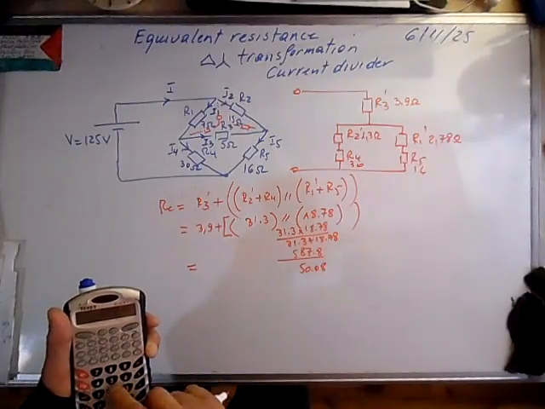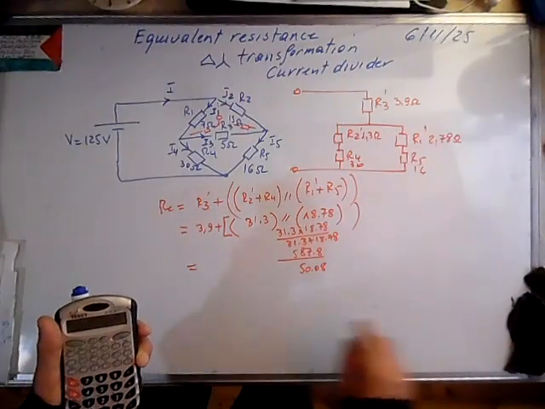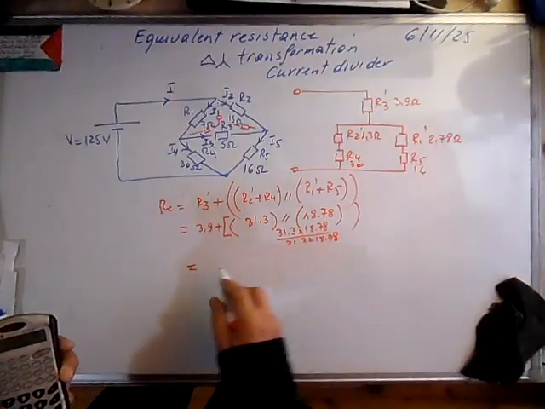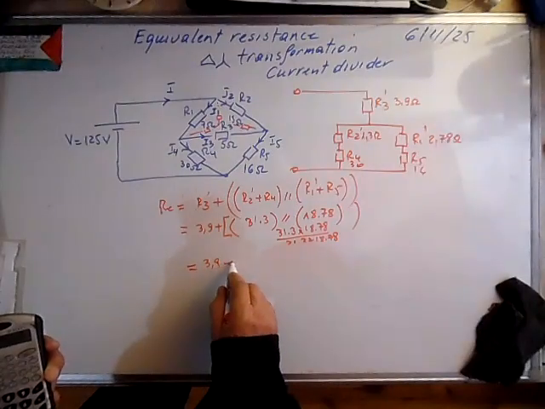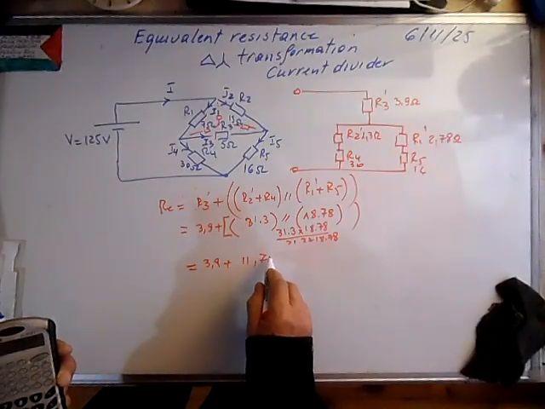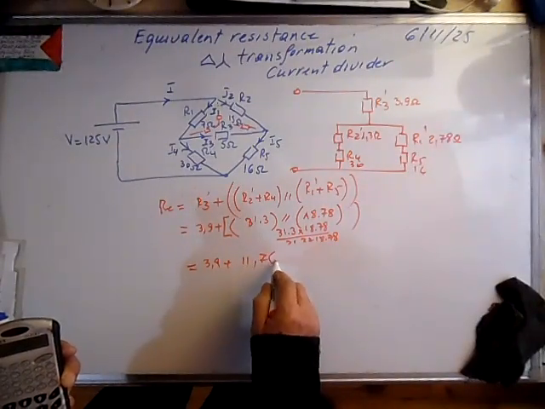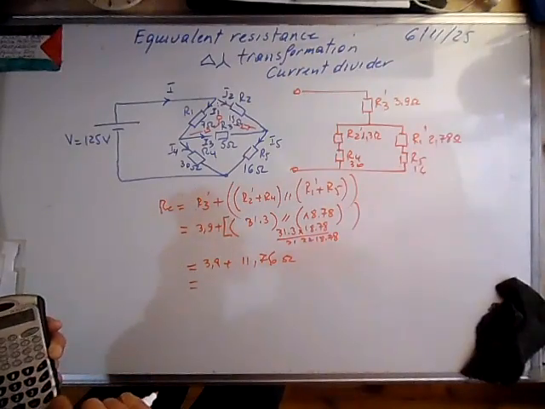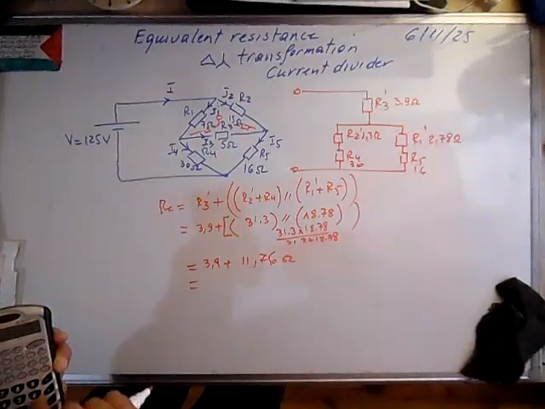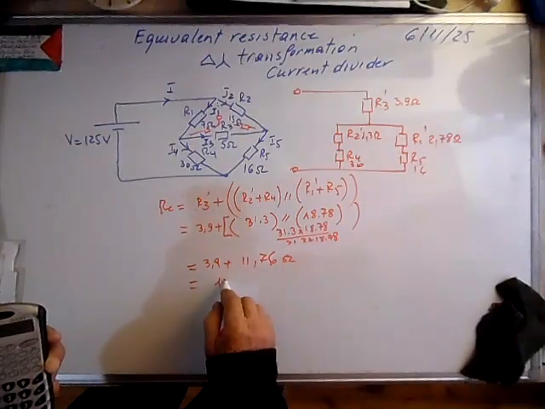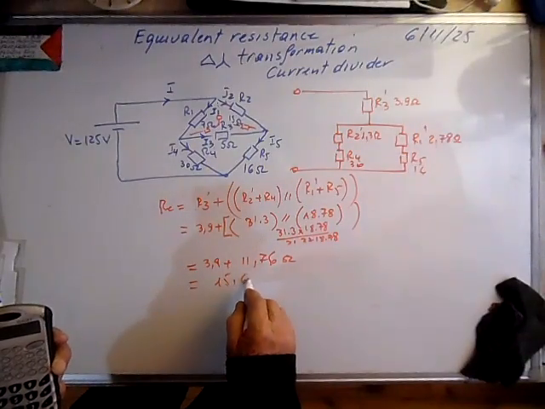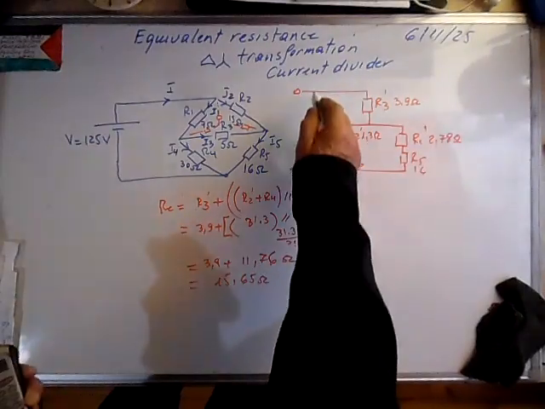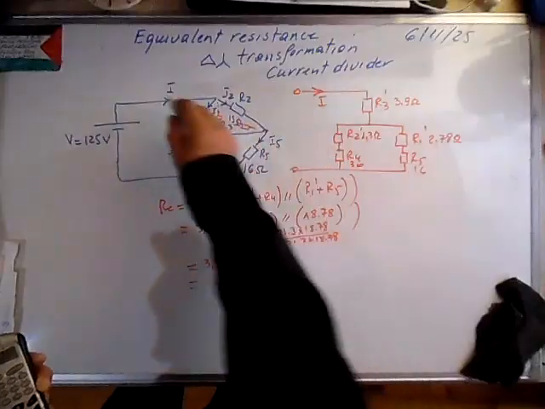Divided by 50, this will give us 11.76. 3.9 plus 11.76, let's say, ohms. So the equivalent resistance will be 15.65 ohms.